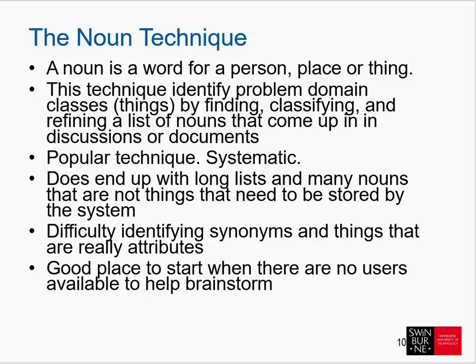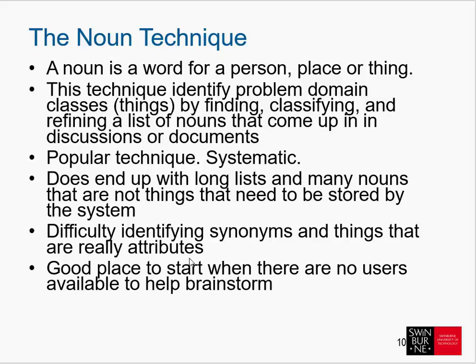The main problem with the noun technique is that sometimes we need to avoid synonyms, the same meanings that come up in the discussions. Sometimes we may also have confusion about whether a particular thing is an attribute or an entity, so we need to be careful about that as well.